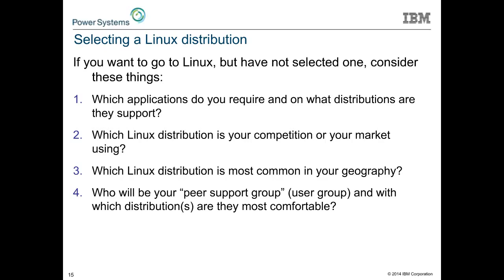That's a great way to pick a Linux distribution because, like I said, this is an extensible environment. It's easy to support yourself. This peer support group is going to be a key part of how you get Linux service as you adopt Linux. So that would be the final consideration of selecting a Linux distribution.